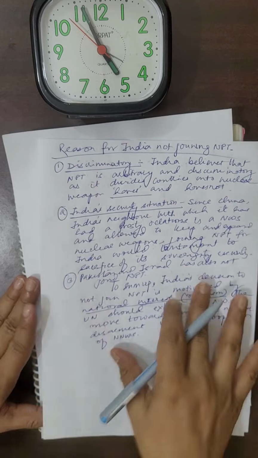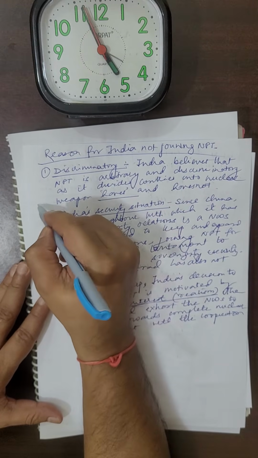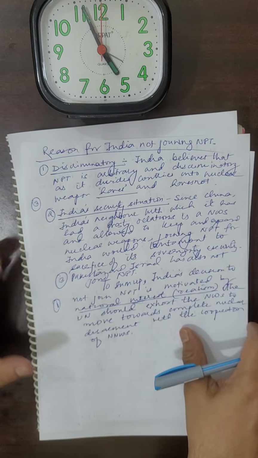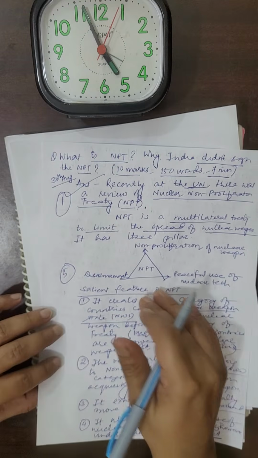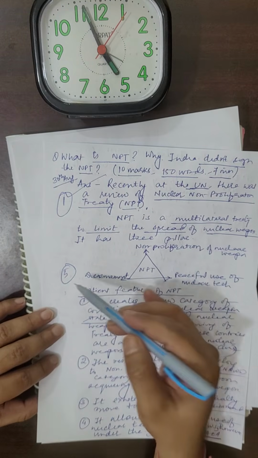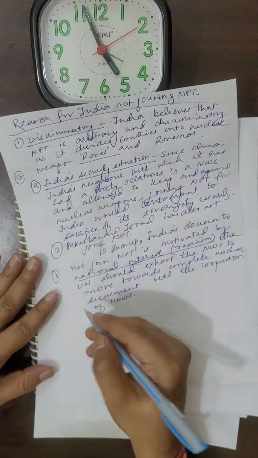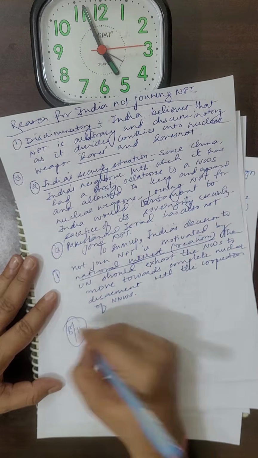Then for the reasons for not joining NPT you have given 3 points, so expect 3 marks here, and for the conclusion 1 mark. So 3 plus 1 is 4, plus 5, 9, 10. Obviously not 10 out of 10, but you can easily expect 8 out of 10 if you write like this.